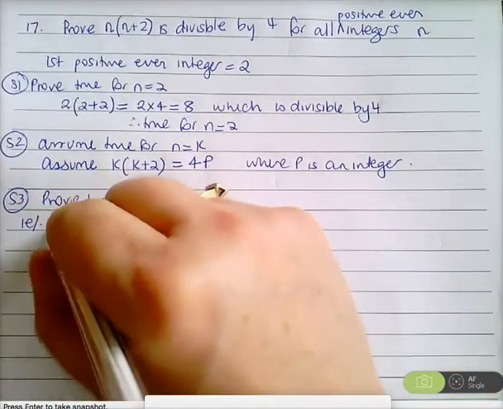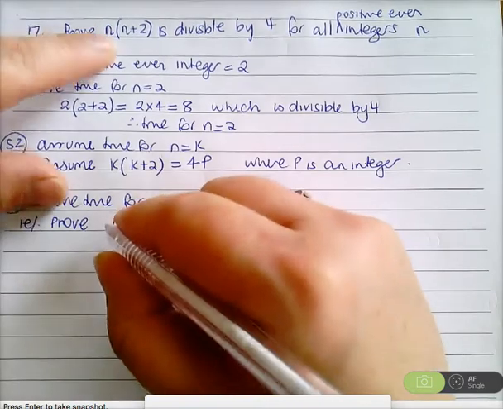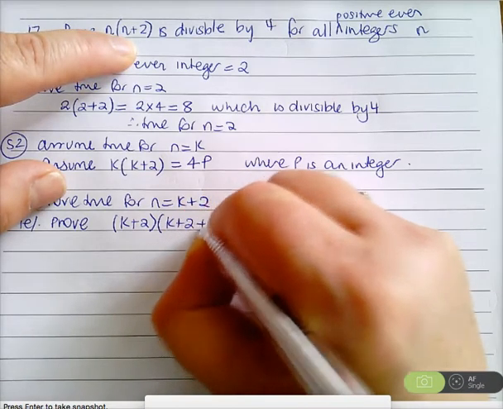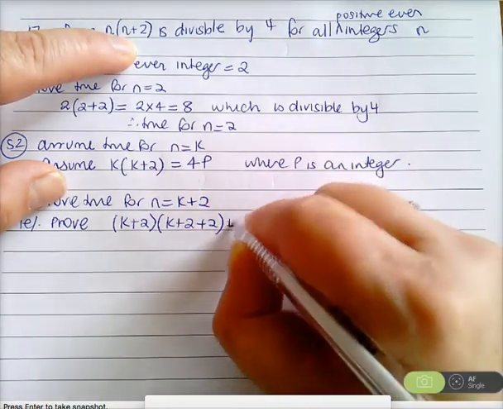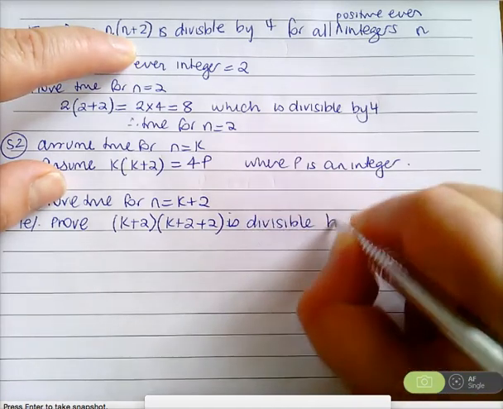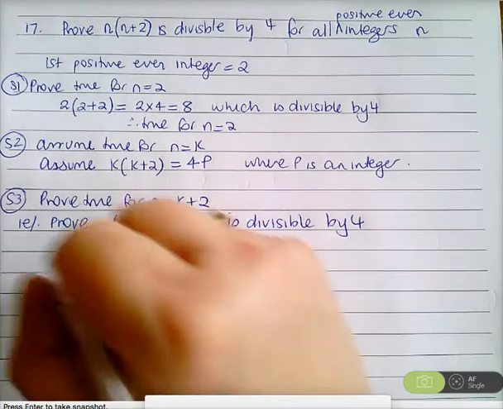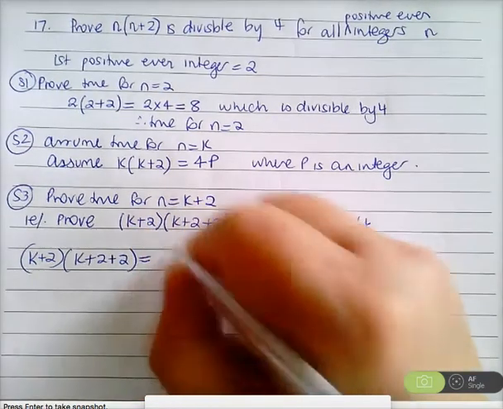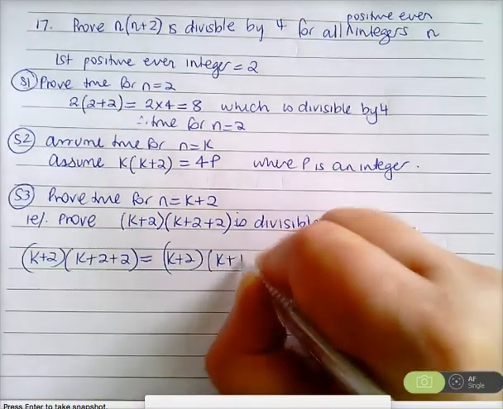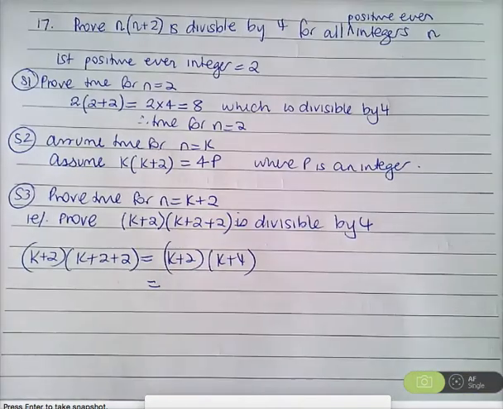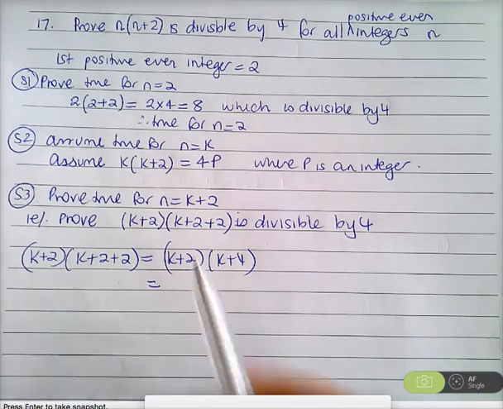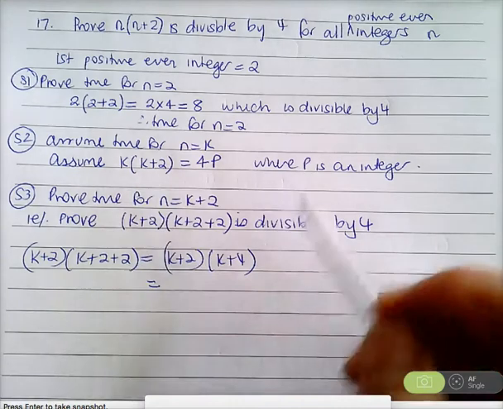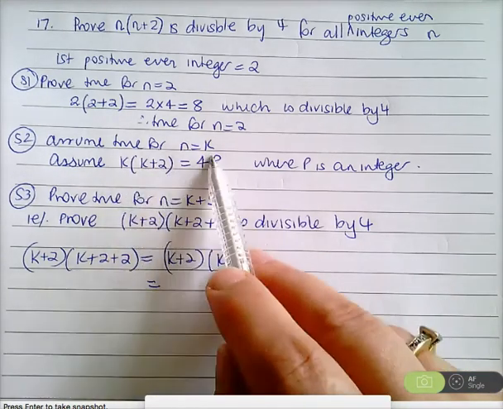That is, you're trying to prove that k plus 2 times k plus 2 plus 2 is divisible by 4. So let's start. We've got k plus 2 times k plus 2 plus 2, which is k plus 2 times k plus 4. Now, remember we need the assumption. Our assumption is that k bracket k plus 2 is 4p.